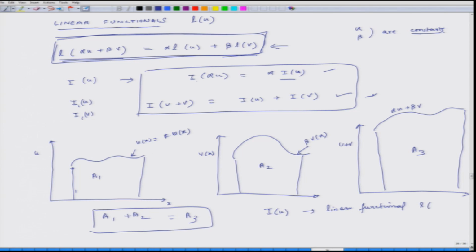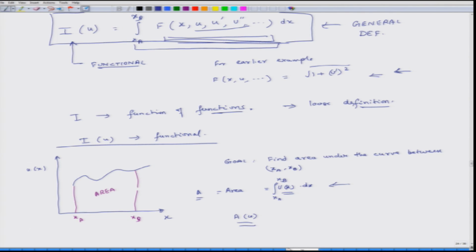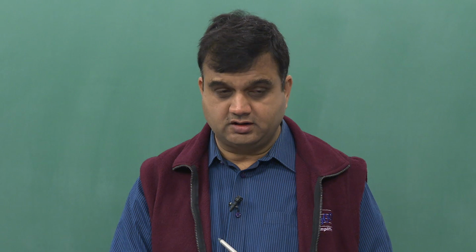Understood? That is what it means, because I can add these. If A1 plus A2 did not come out to be the same as A3, then it would not have been a linear functional. The functional which we discussed earlier is not a linear functional.